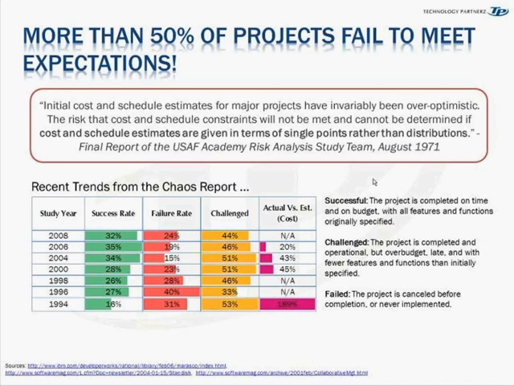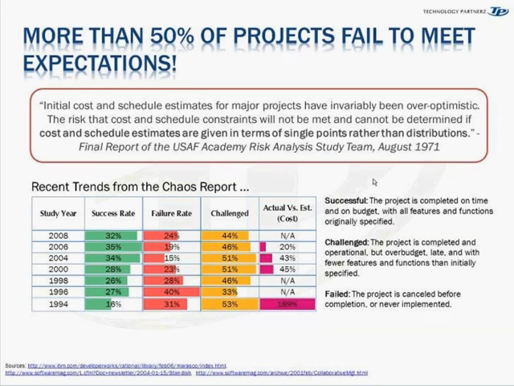So coming back to that, in the early 90s, we saw that between 30 and 40% of projects got canned outright because they failed. Whereas the success rate was somewhere in the 30s, but the challenge rate has always remained in the high 40s and 50s.